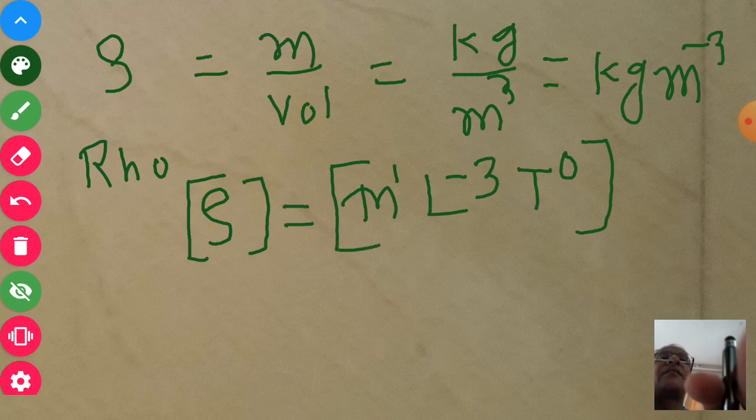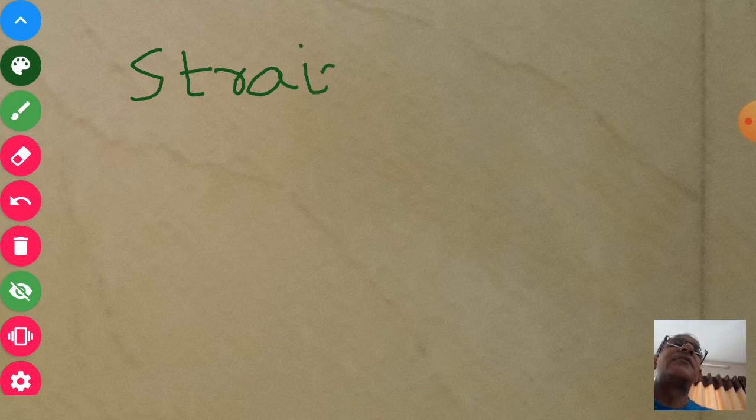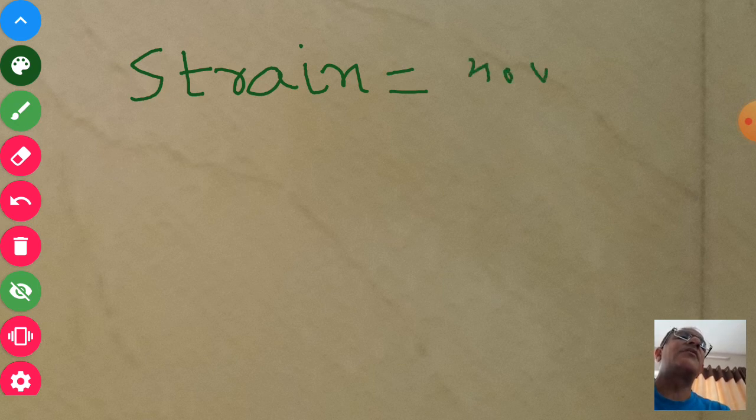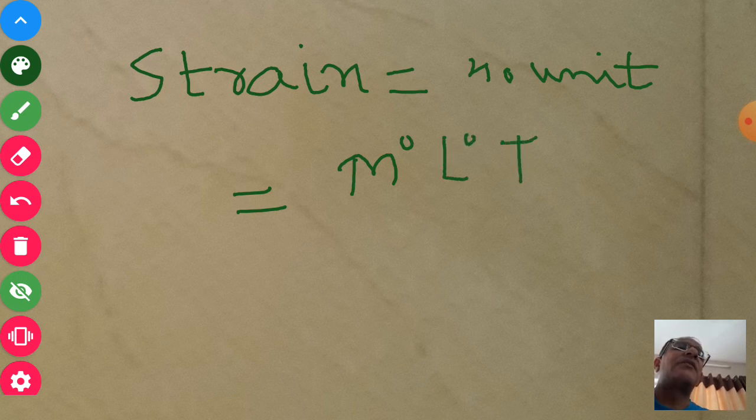Yesterday we talked about the last quantity, it was strain. If you remember, strain was change in length upon original length. And we found that it is having no unit, or we can say it was unitless. So the dimension of this kind of quantity like strain will be M0 L0 T raised to 0.